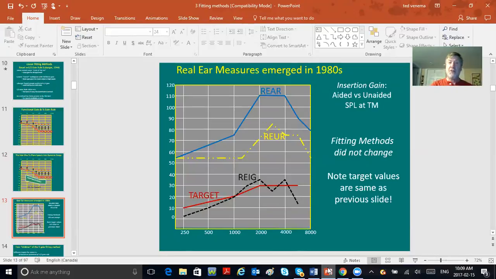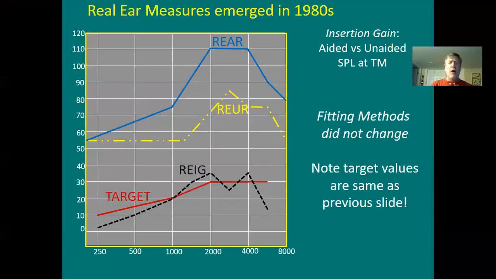I mean, you look at this picture here. What kind of counseling can I do with this kind of real ear? Check this out. Well, you see, I've hit your target. I've provided the gain with the hearing aid so that it closely matches your target. Yeah, but what can my kid hear aided versus unaided with speech? What difference will it make? Can't see that here.